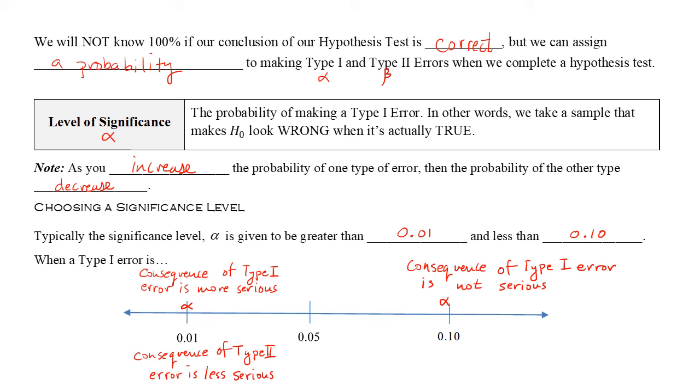So we would choose a larger value for alpha when the consequence of making a type 1 error is not as serious as the consequence of making a type 2 error. So if the consequence of making a type 2 error is more serious, then we would want to choose a higher value of alpha.